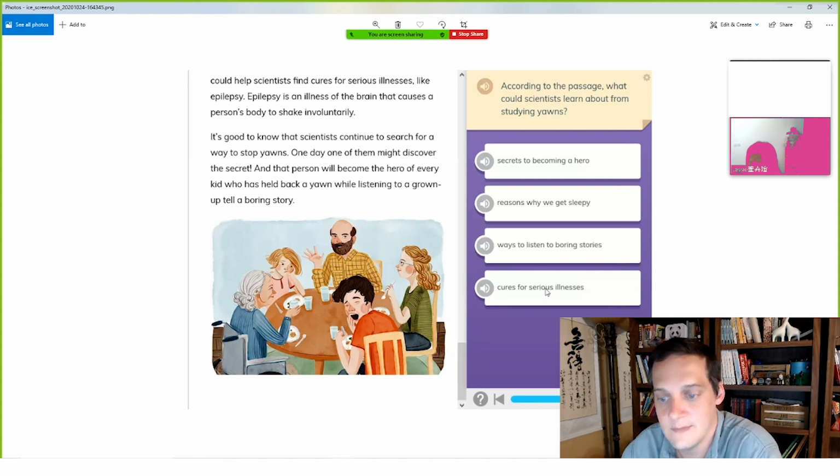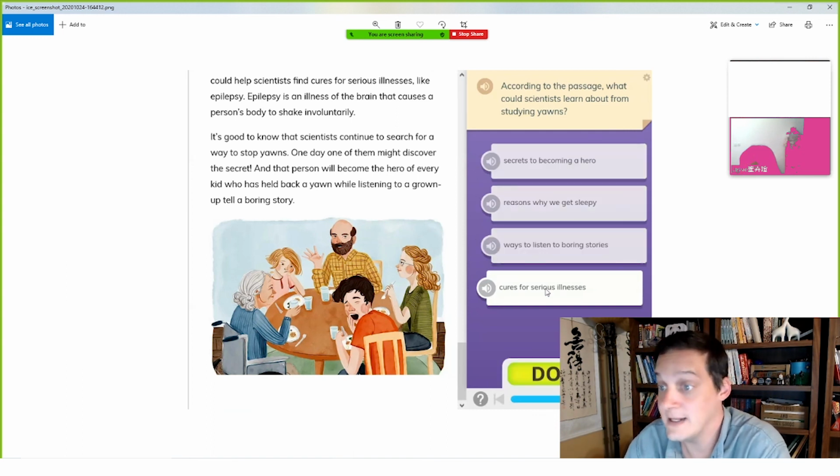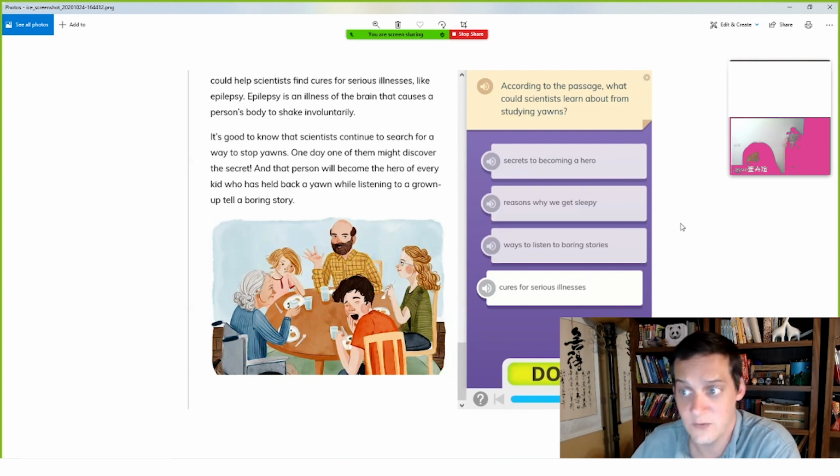Cures for serious illnesses. Ding. And that's what they could learn. They could learn cures for serious illnesses. Something that is serious is really bad or really, really big. And they're always trying to find a cure for these illnesses. They want to know ways to fix them.